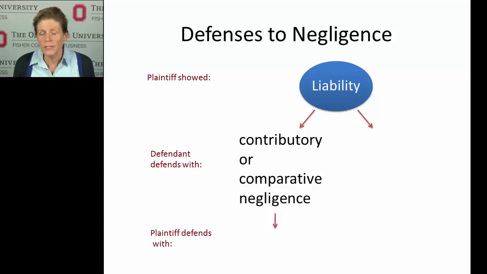So a lot of states shifted to this comparative negligence concept. And comparative negligence is the idea that we're going to look at each party and how much they contributed to the accident. So if one party is about 60% liable and the other party is 40%, then we're going to just divide the damages that way.